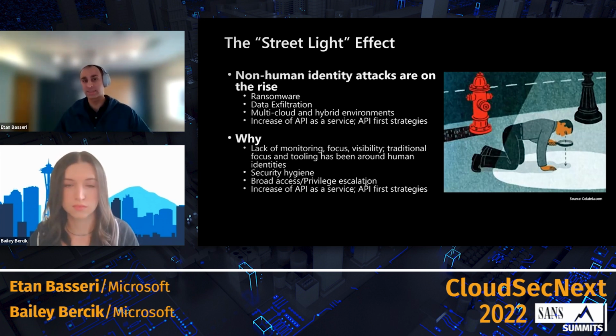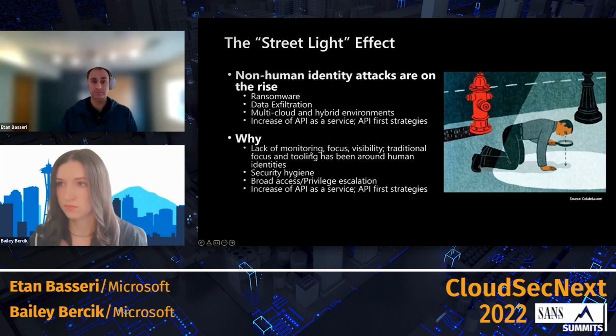But right outside the edge of the light has been this category of workload identity security, this soft underbelly, if you will, of a customer's environment, where we know that there are attacks that are starting to emerge, but we haven't shone enough light on the actual threats that are coming about and why those weaknesses are there. And so hopefully this is going to shine a light on some of that for you.